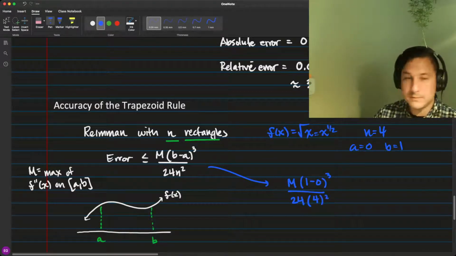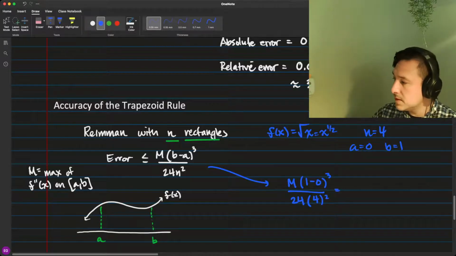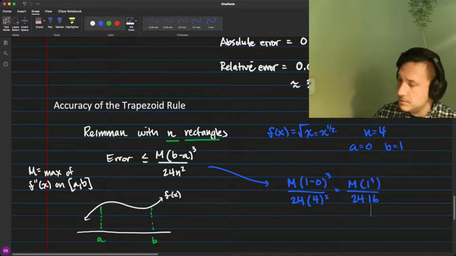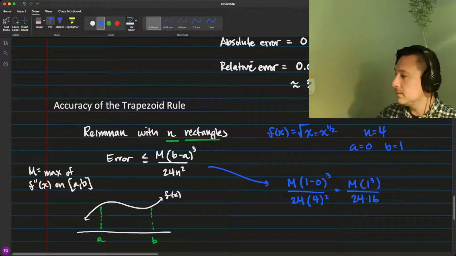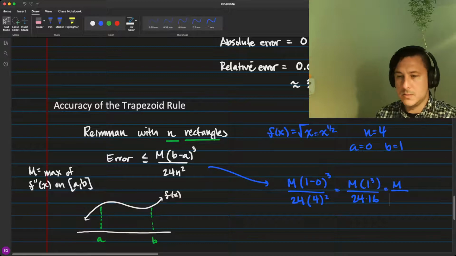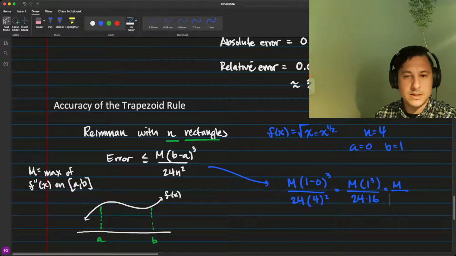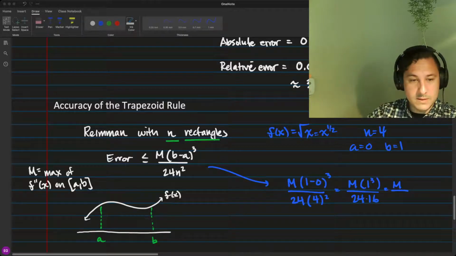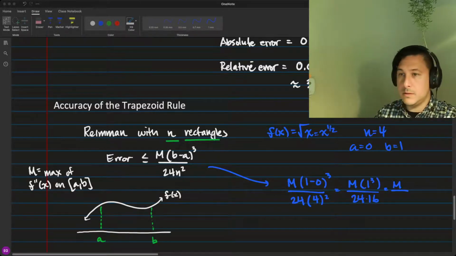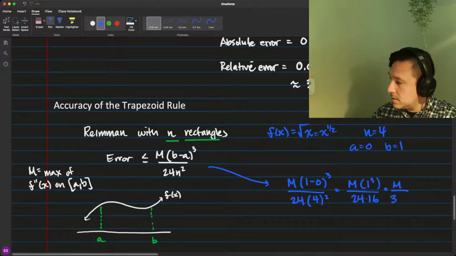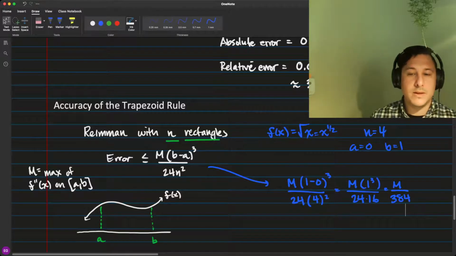So we get M times 1 cubed over 24 times 16. What is 24 times 16? Twenty-four times 16 is 384. So it's whatever M is, divided by 384.